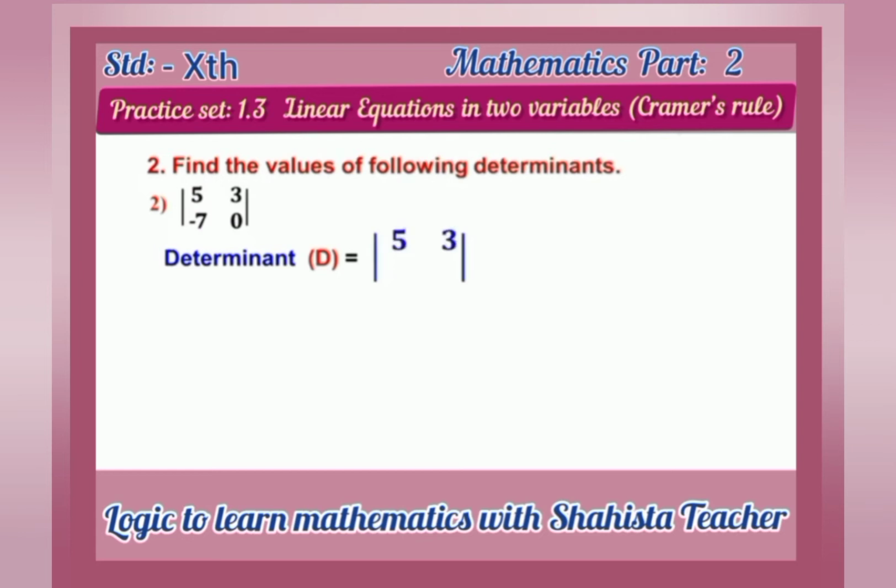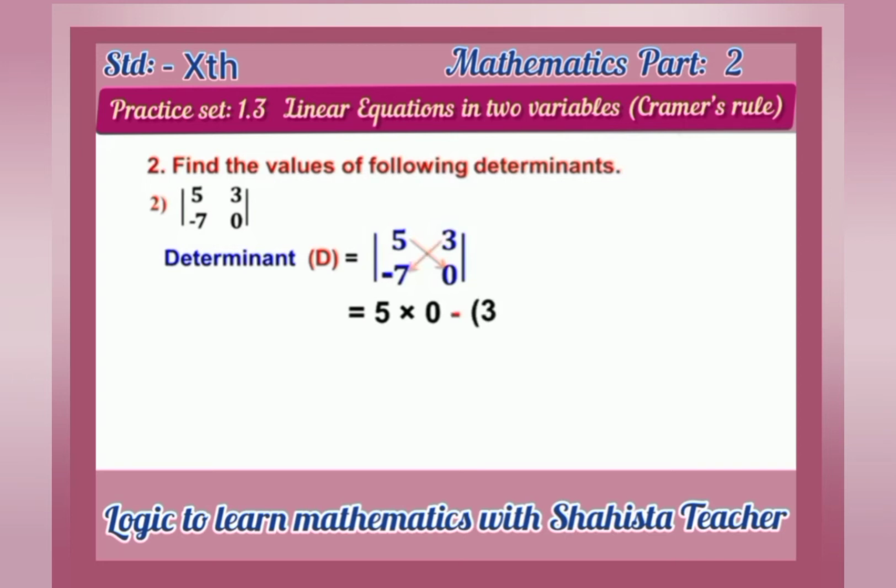First we will write 5, 3, minus 7, 0, and now 5 will multiply by 0. Similarly 3 will multiply by minus 7. So 5 multiplied by 0 minus 3 multiplied by minus 7.